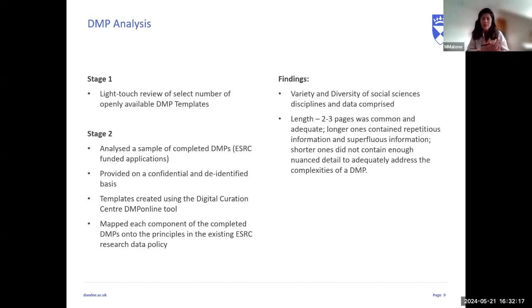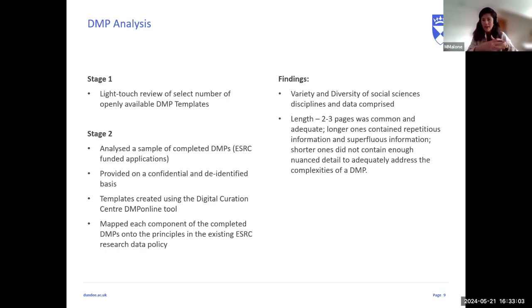Angela has already mentioned a few of these to you, but obviously the diversity and variety of the social sciences disciplines and data comprised within these DMPs threw up a lot of difficulties and problems that we were able to look at by bringing ourselves up and out of the structure of the DMP, and we were then able to find alignments and similarities between this, regardless of the funder, regardless of the data itself, and found that there were a lot of similar problems and issues cropping up across some of these interdisciplinary templates that are dealing with data across different disciplines.